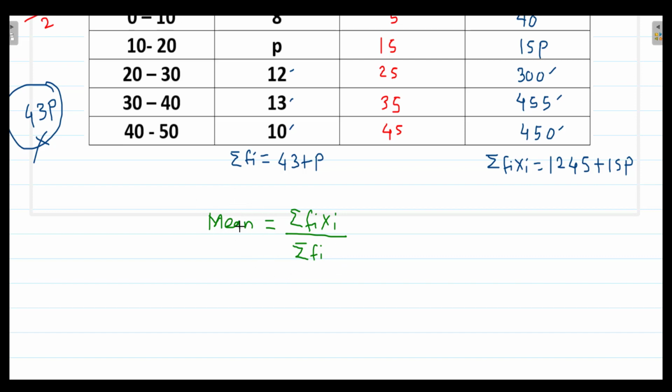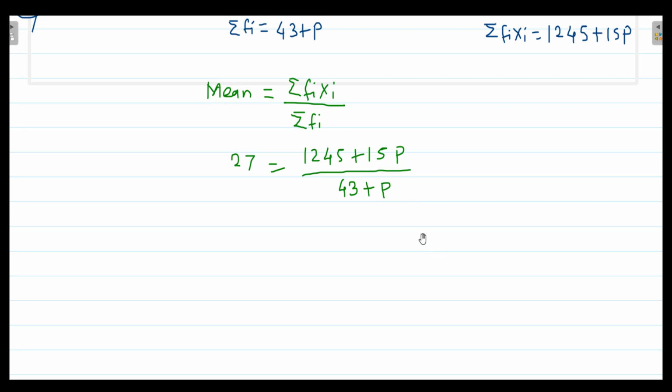So mean is given to us, and that mean is 27, so write it as 27. Summation of Fi xi is this, so it will be 1245 plus 15P upon summation of Fi is what? 43 plus P. Now here we will cross multiply and solve it further.